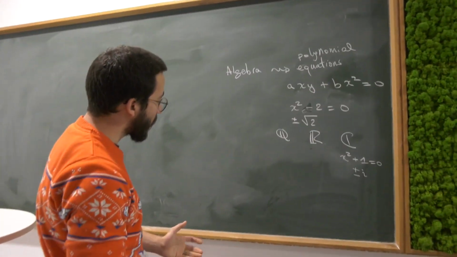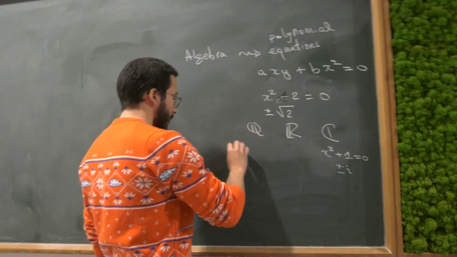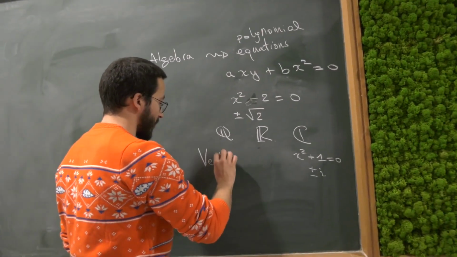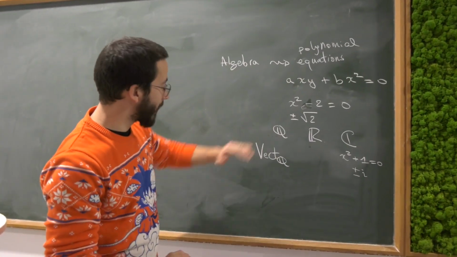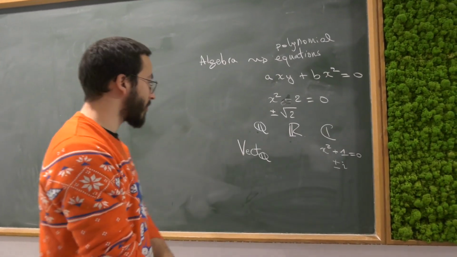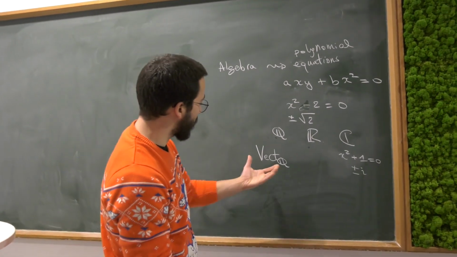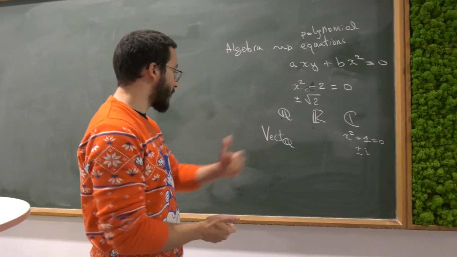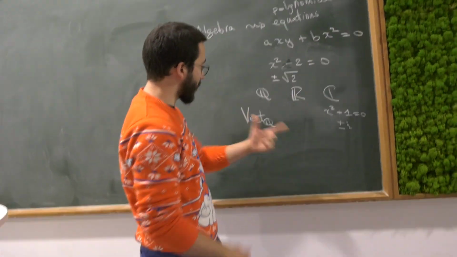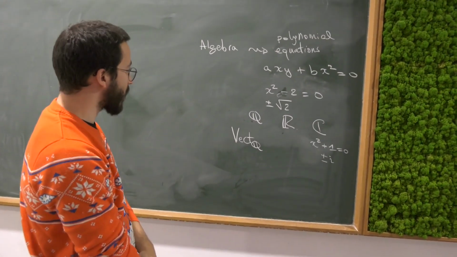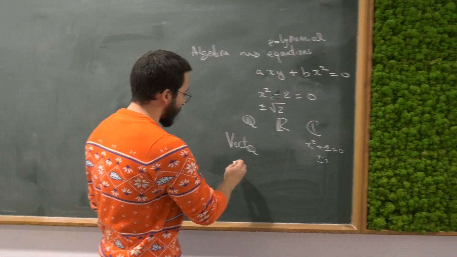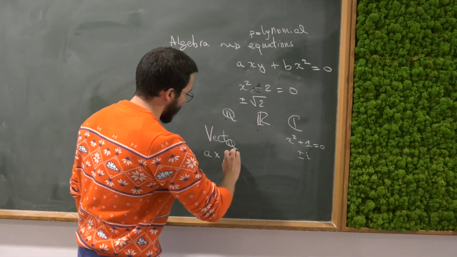Maybe one way to organize this is to think about the category of Q vector spaces. This is a mathematical object that's a bit more complicated than each of these, because each of those is just a set of numbers, but this is the collection of all vector spaces over Q organized as one single object. In this context, a priori you can only study linear equations that are much simpler, that look maybe like this.